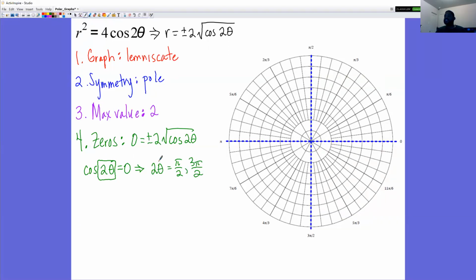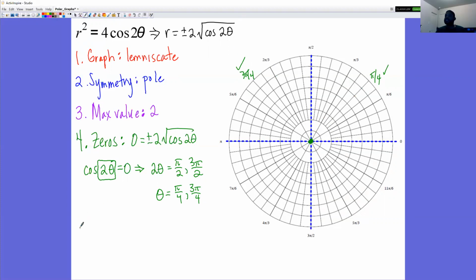But that's 2 theta, not theta. So we solve for theta, and that gives us pi over 4 and 3 pi over 4. We already know that at pi over 4 and 3 pi over 4, they're both 0 units from the pole.